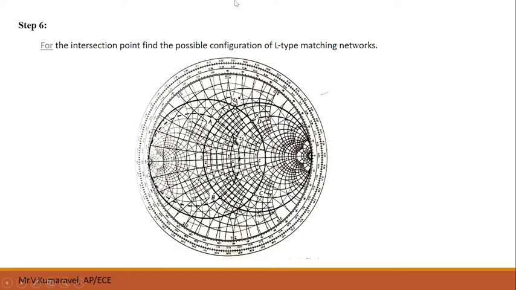Now for the intersection point we need to find the possible configuration of the L-type matching network. Our intention is to find the matching network. First, let us consider that we have source impedance, let it be ZS, and load impedance, let it be ZL.